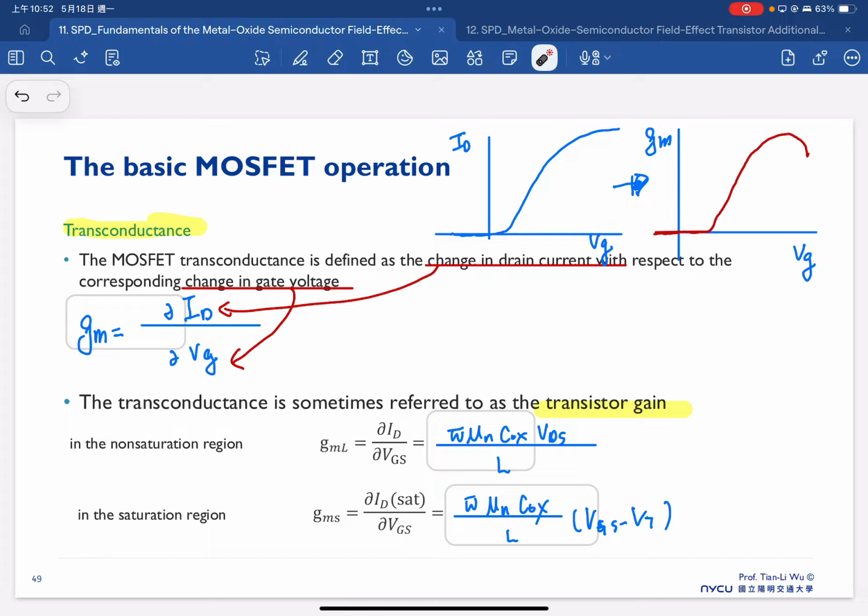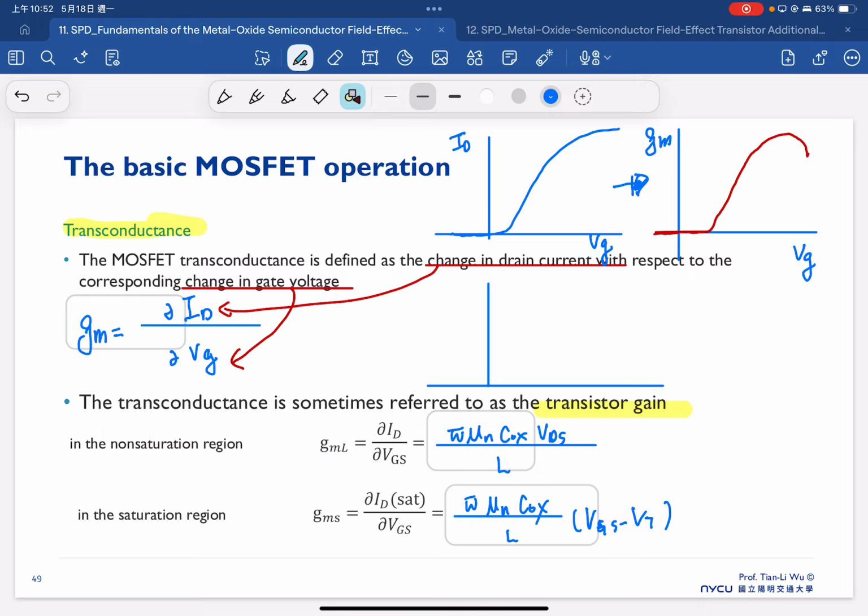But on the other hand, we can also understand from the ID-VD curve how it reflects the characteristic of the transconductance. So you have ID-VD here. We all know the typical ID-VD curves could be like this one, and this one.